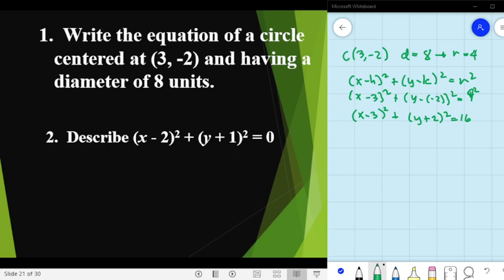Diba? Kay diri bitaw sa x minus 3, ang imong h kay positive 3 ba siya? And then diri po sa plus 2 diri, ang original ni nga k is negative. Kay opposite of formula. Okay?